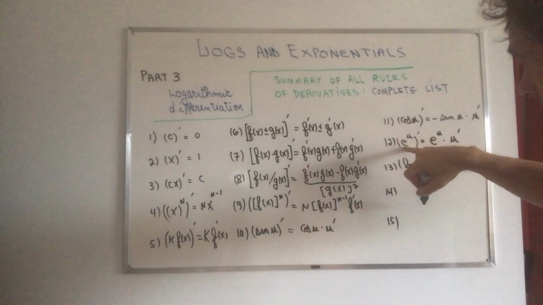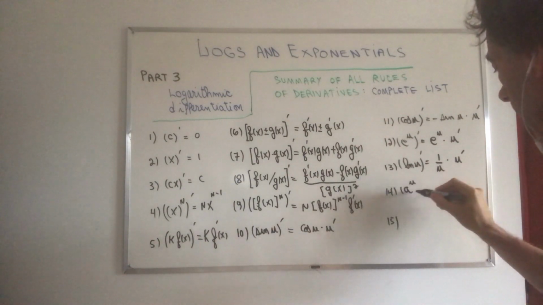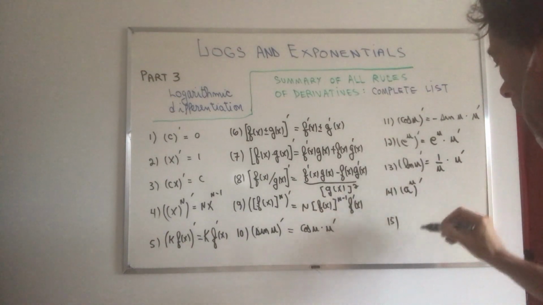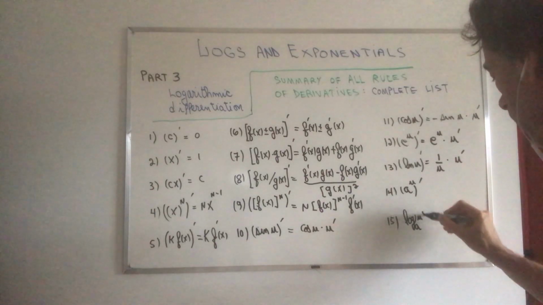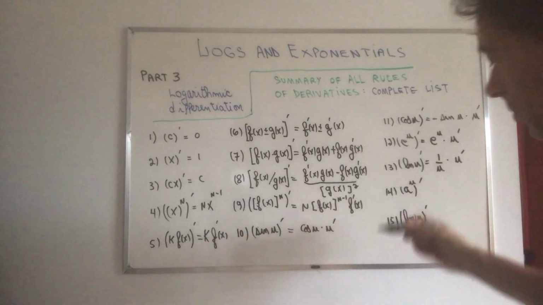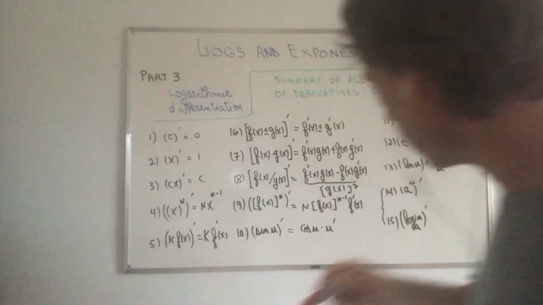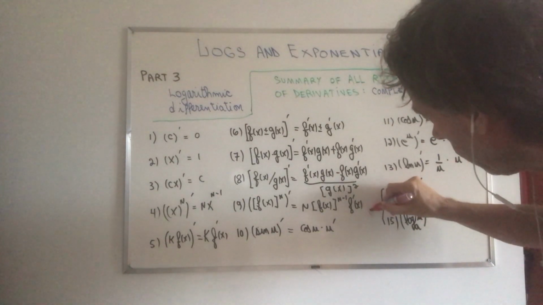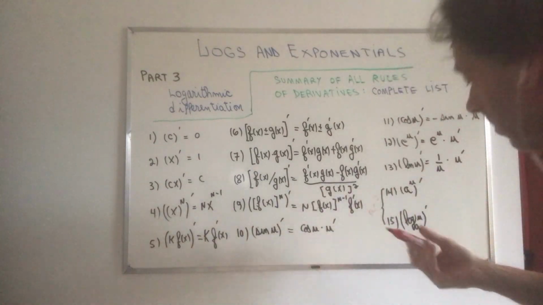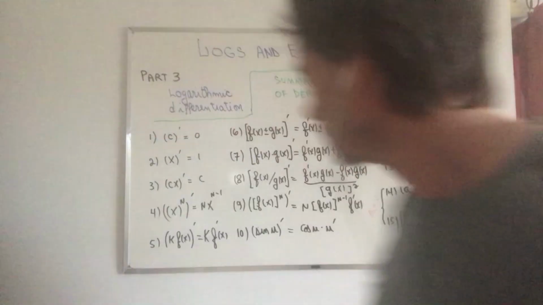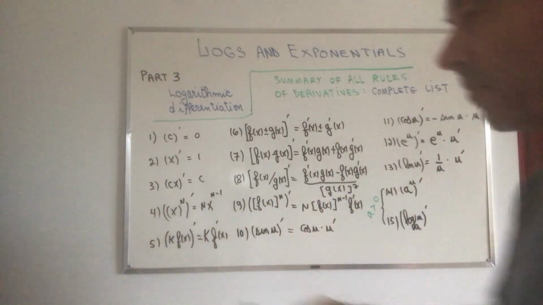And the last two are variations on 12 and 13. Instead of having e in here and log base e in here, we have a to the u, where a is any positive number. And we have here log to the base a of u, where again, for these two, it is understood that a is a positive number.